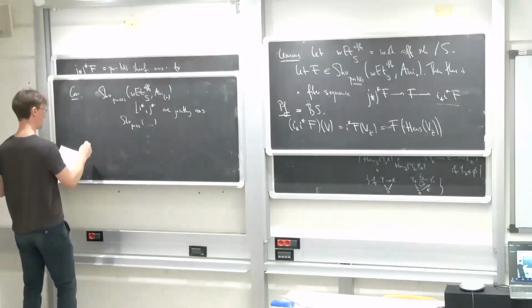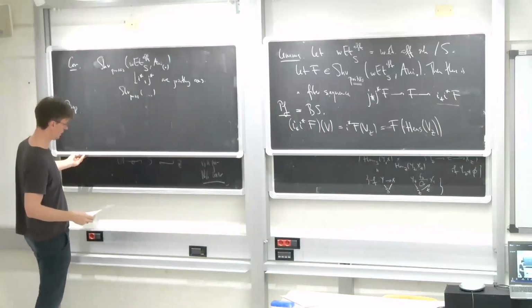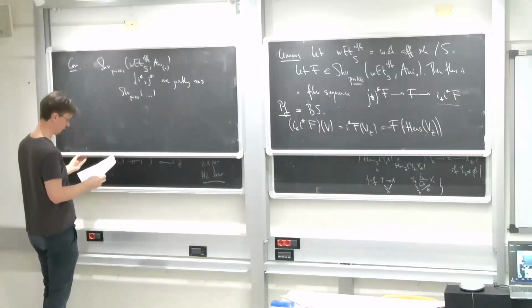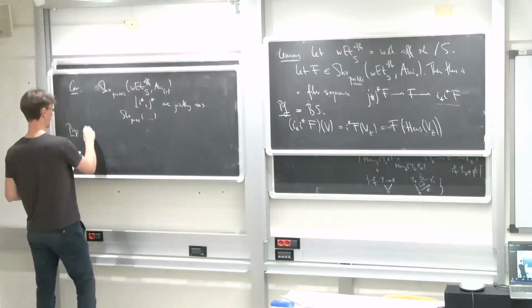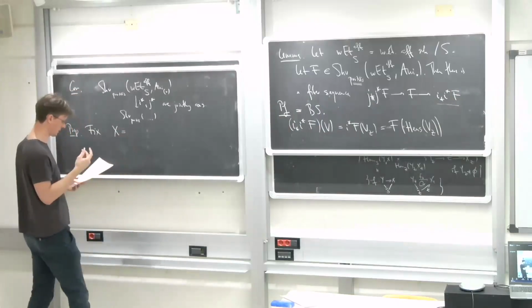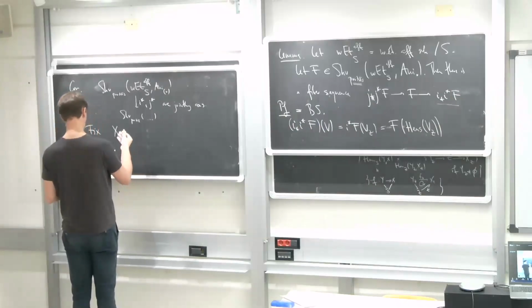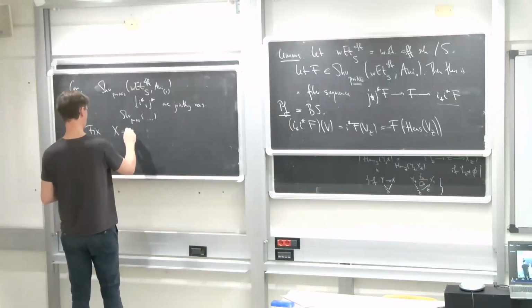And now we can finally state this proposition, which I have erased. But that was this last remaining thing. So it's the following. X was this nice scheme that is pro-étale over an affine space. So this is what we saw.